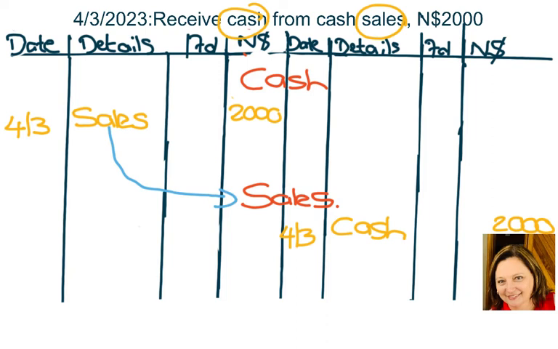In my sales account, my details for that entry refer to cash, and that refers then to my cash account. And there you are. So we did now an expense and we also did an income.